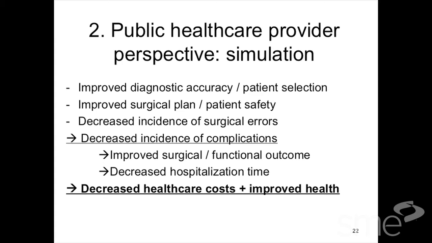So that reduction of complication would improve surgical and functional outcome, and also decrease hospitalization time, which is a big cost driver. So basically, because of the reduced complication, we would have a benefit in terms of money, and we would have a benefit in terms of health. So we have decreased healthcare costs and improved health for the patient.